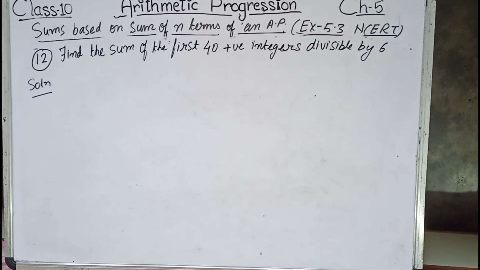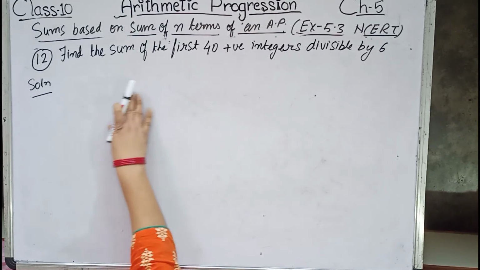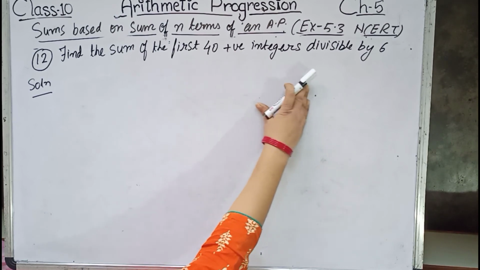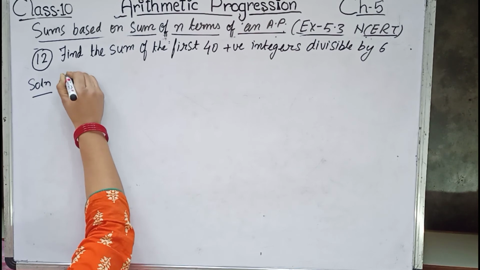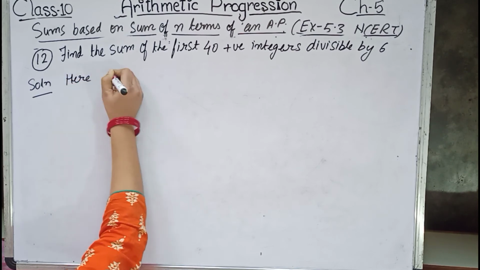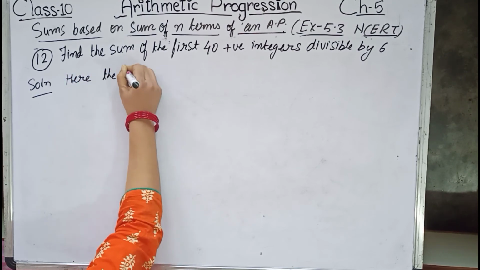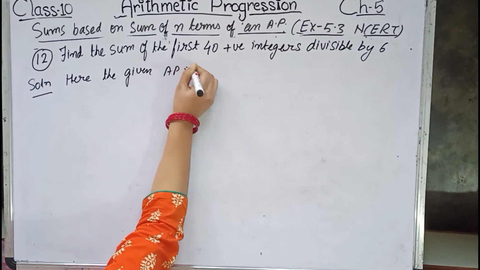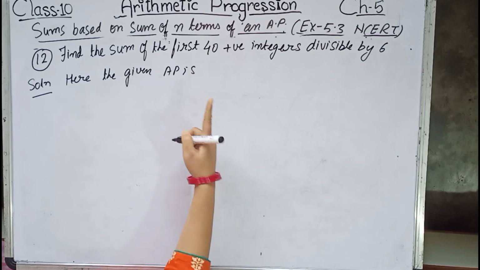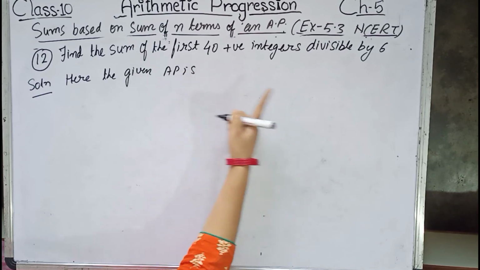Question number 12 is saying that find the sum of the first 40 positive integers divisible by 6. Now here the given AP is first 40 positive integers divisible by 6.